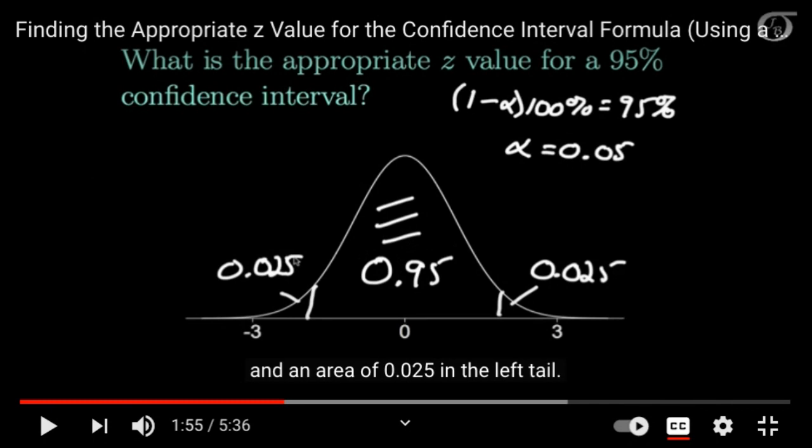And this portion outside of our 95%, you have to split 0.05, divide by 2. You get 0.025 on the right side and 0.025 on the left side. Does anybody not see that? Okay? Because this is a standard normal curve, you've got to split when you're finding that.